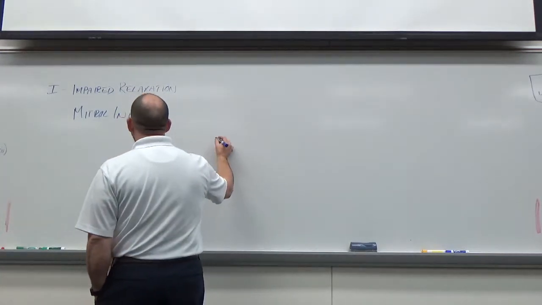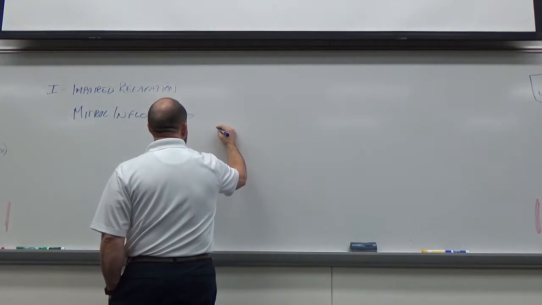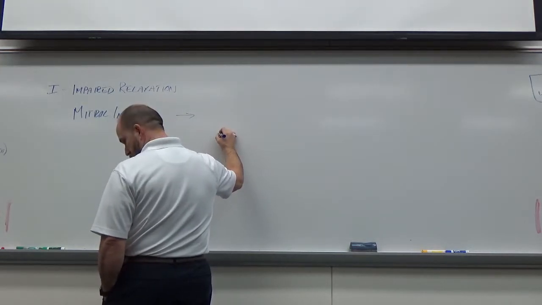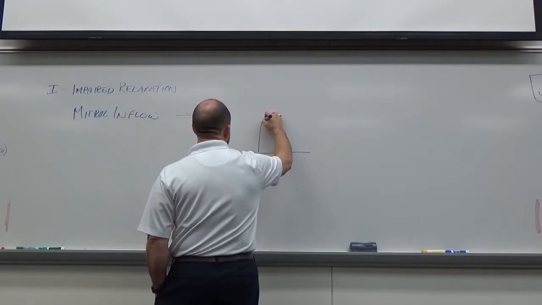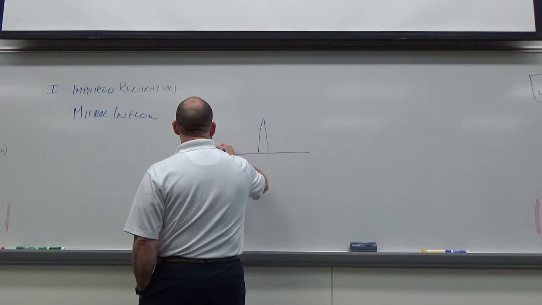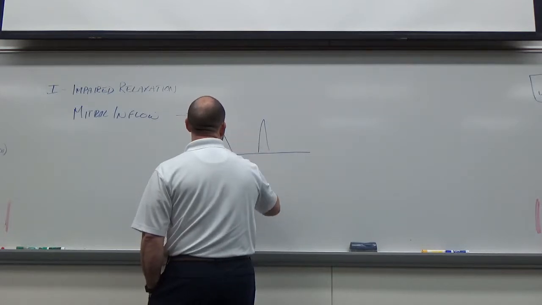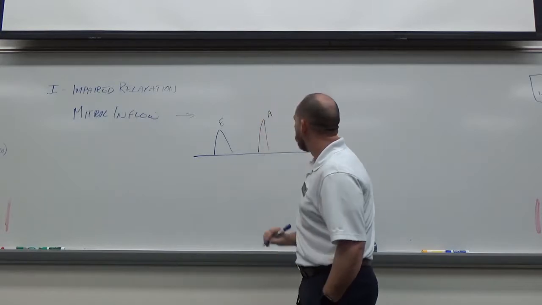Again, there are numbers associated with it. So what was that again? Increased A wave, and what's my E wave look like? Smaller than A wave. Okay, so this is E, A.